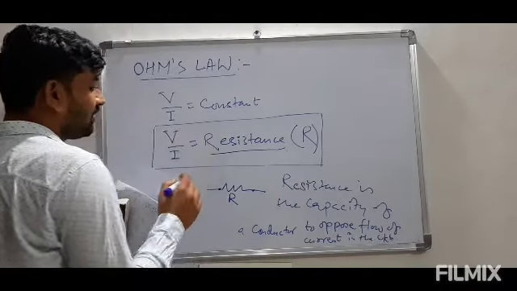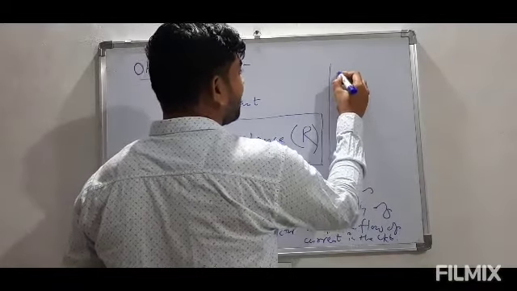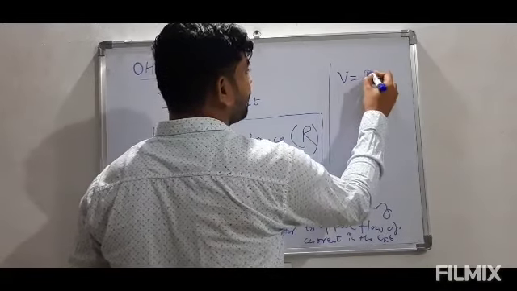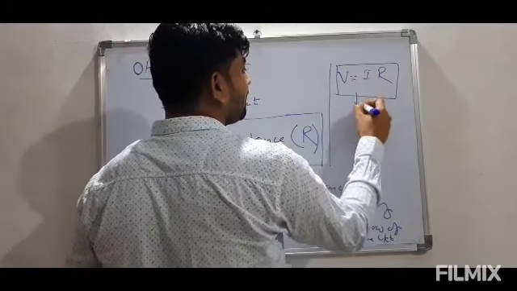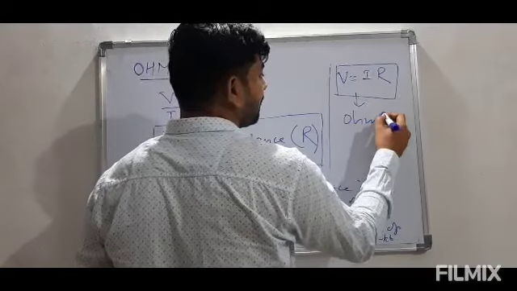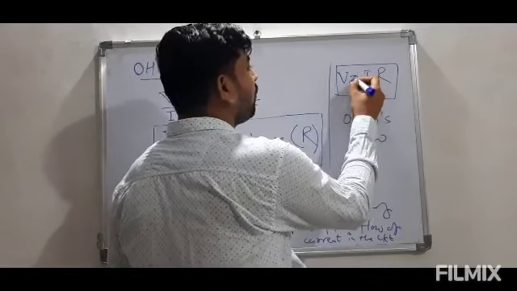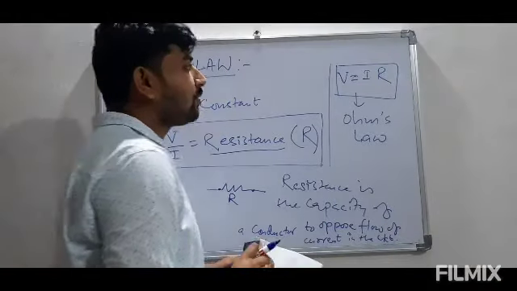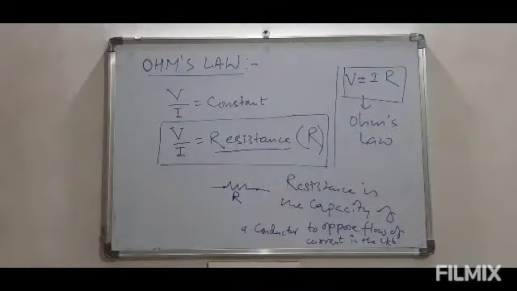So from here we are getting a very important relation, that is V is equal to IR. So this is how we write Ohm's law, where we relate the voltage and current with a constant that is known as resistance of that material.